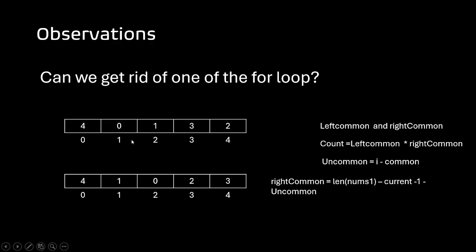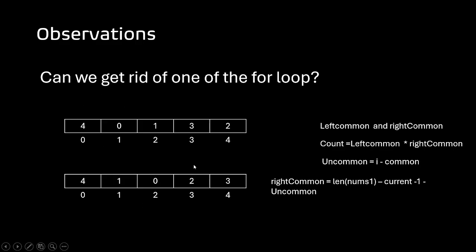Now the trick is, the uncommon elements can never occur on the left side, so definitely they are occurring on the right side. And if they are occurring on the right side of nums2, that means they are uncommon even here in this right side part, because we have already found it in the nums1 previous set.